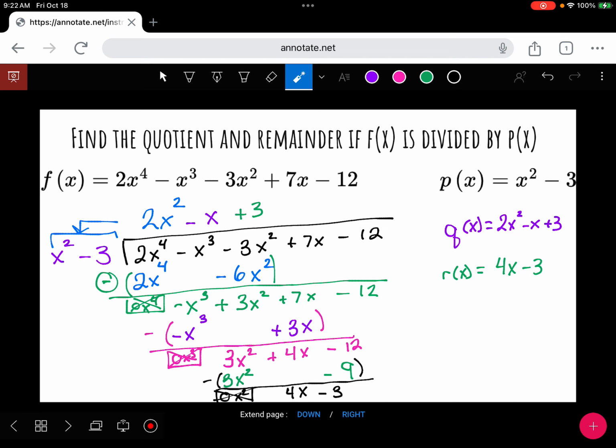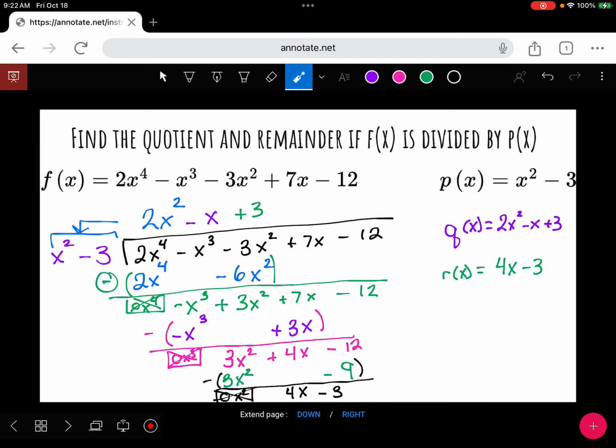I would say synthetic division only works when we have those real roots. Something like this, we have irrational roots because we'd have positive and negative square root of 3. Doing that in synthetic division would be obnoxious and gross. So when we have irrational roots, we're going to have to use long division.